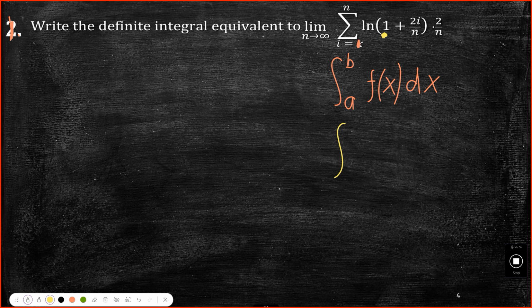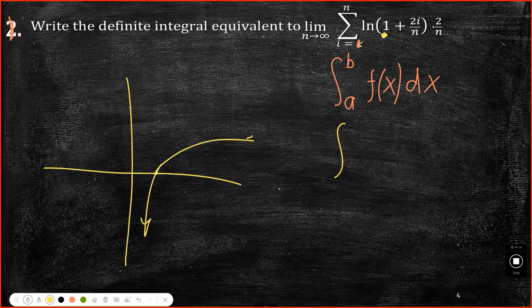For whatever ln function is. Maybe you got some ln function going like this, and we are starting at 1 and going that way. So from A to B, it'll be what? From 1 to what? What do you think?